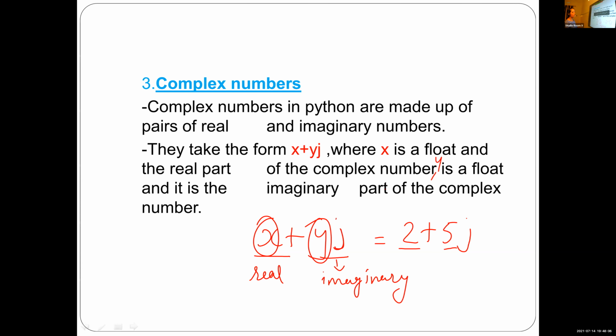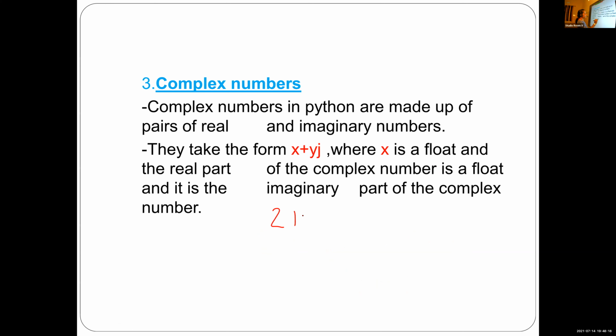So this is complex number representation 2 plus 5j. If I give a statement like this, my complex number is 2 plus 5j. I want to print, here x is equal to 2 plus 5j. I want to print x dot real and also x dot imaginary.